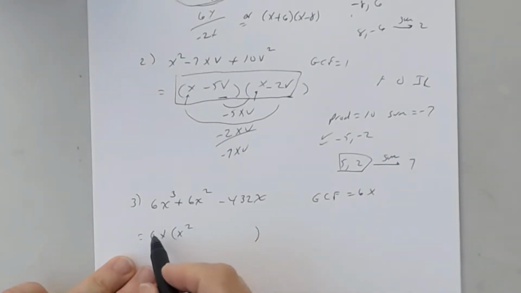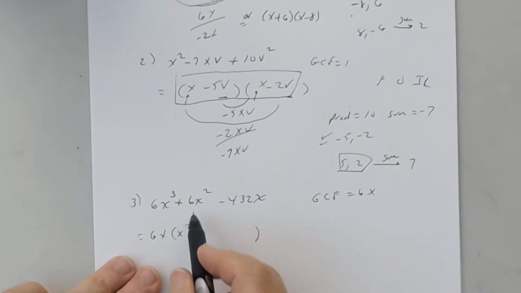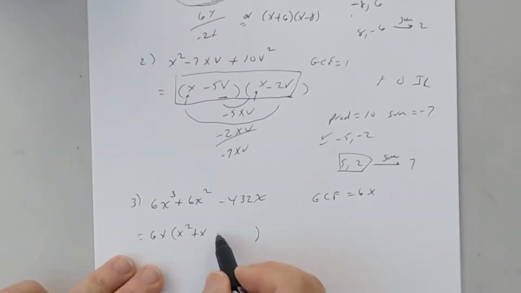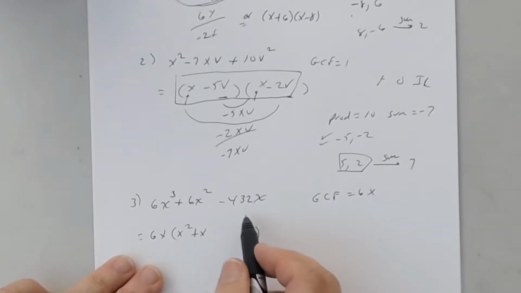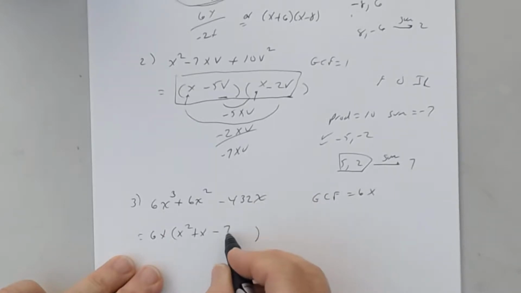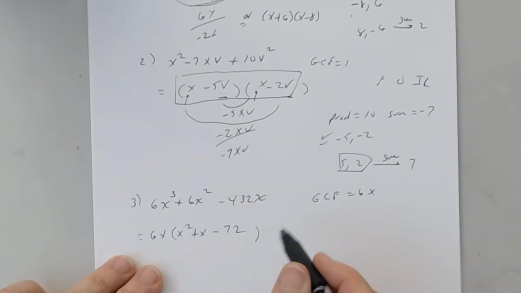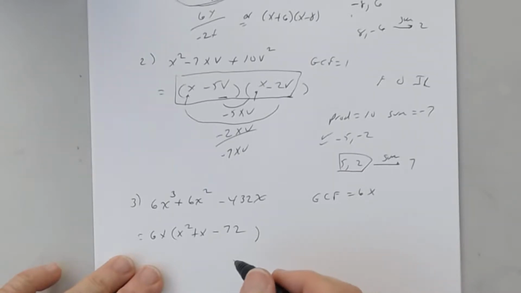X squared. 6x times what is a positive 6x squared? Plus x. We all agree? And then 6x times what is a negative 432x? Negative 72. All right, so that's where I'm at.